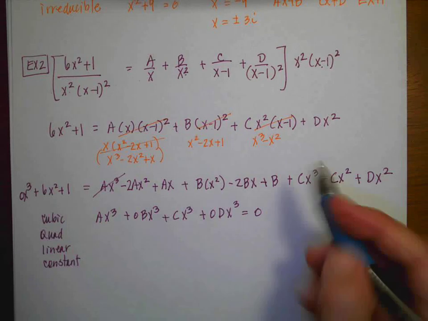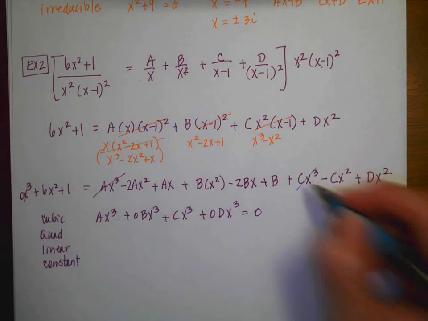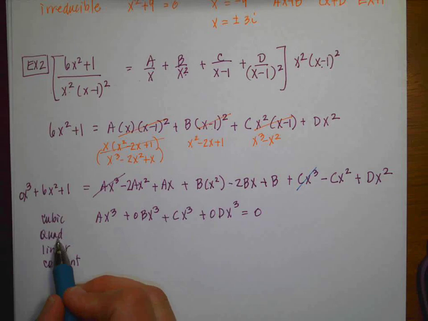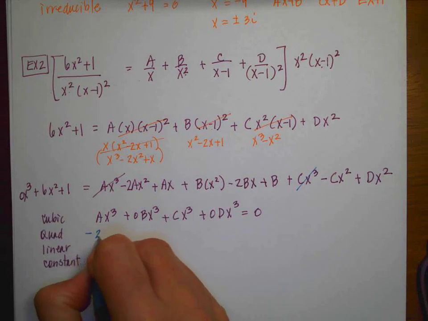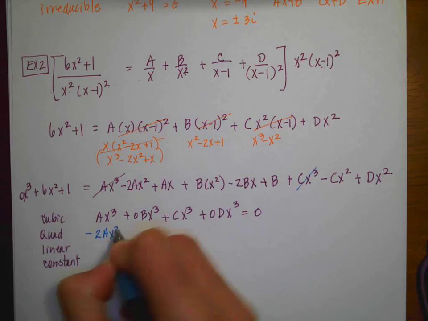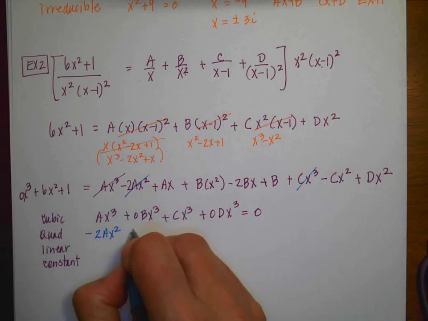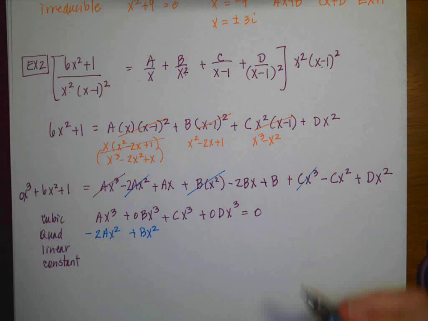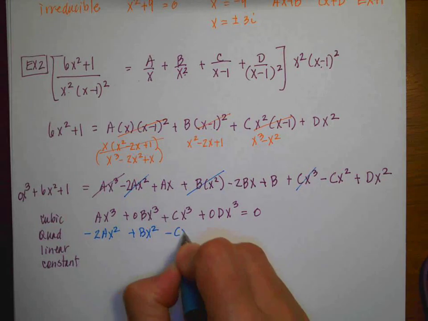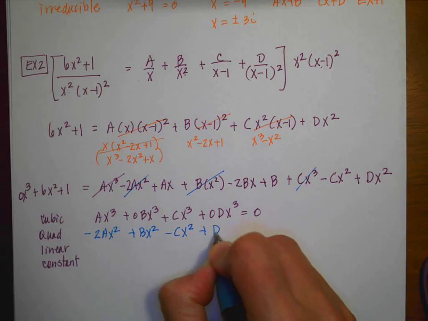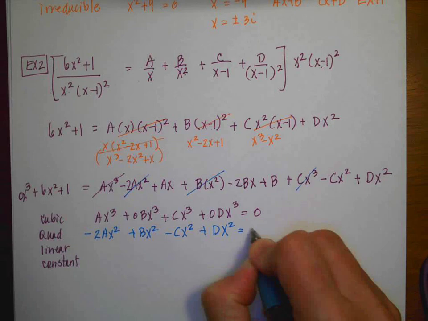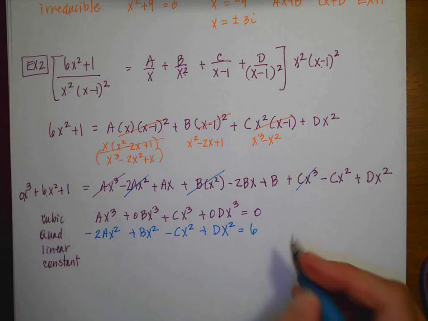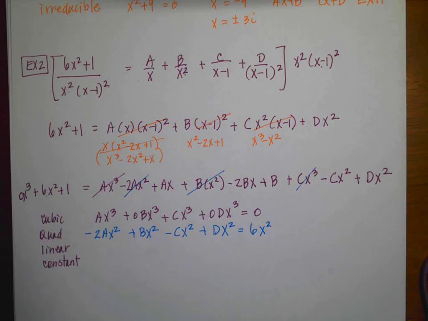Okay? I'll write each different equation, and I used this one. All right, now we're going to do the quadratic. So I have a negative 2ax squared. We use that one. I have a bx squared. I use that one. And then I have a negative cx squared and a dx squared, and that's going to equal 6.